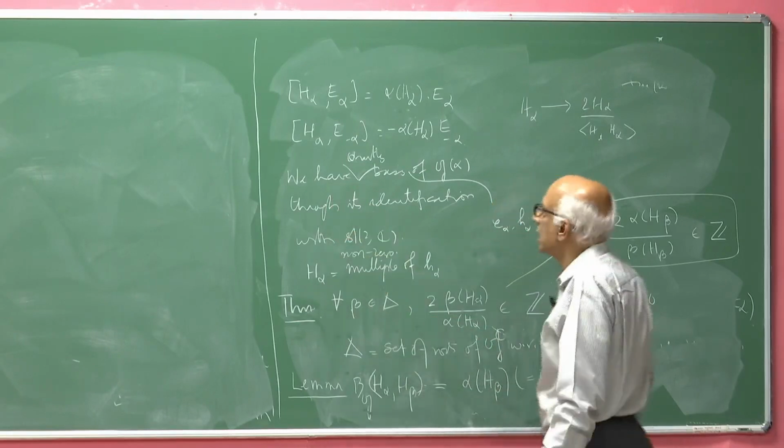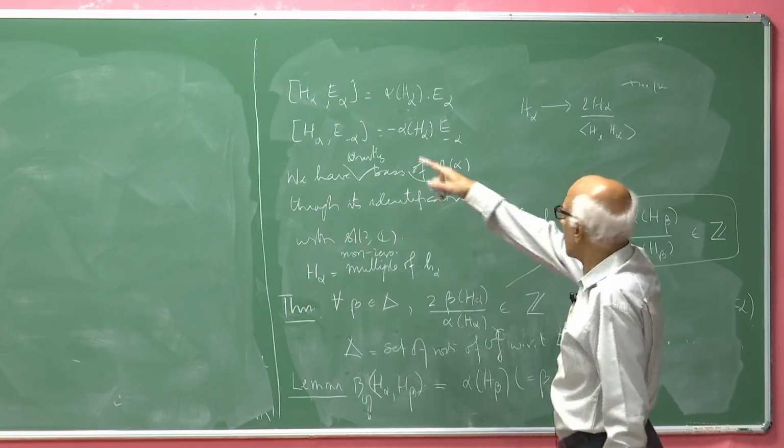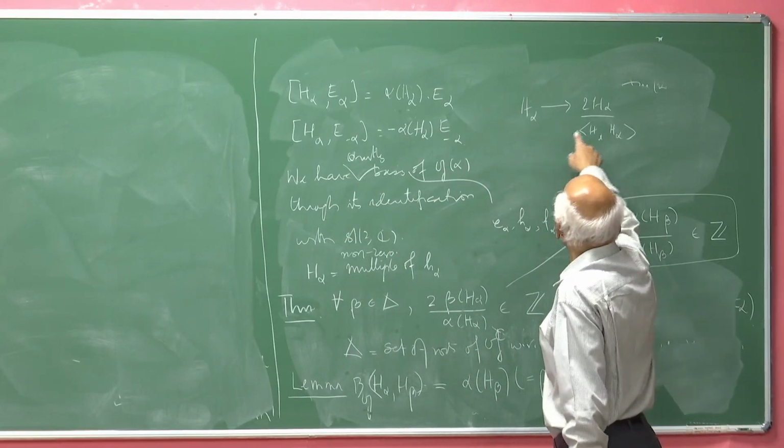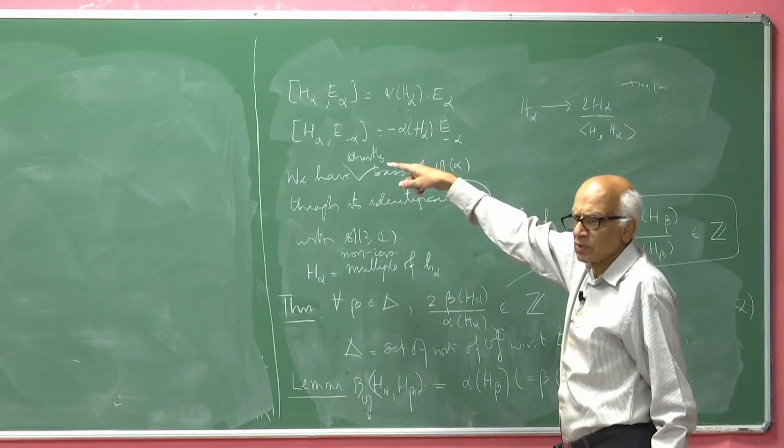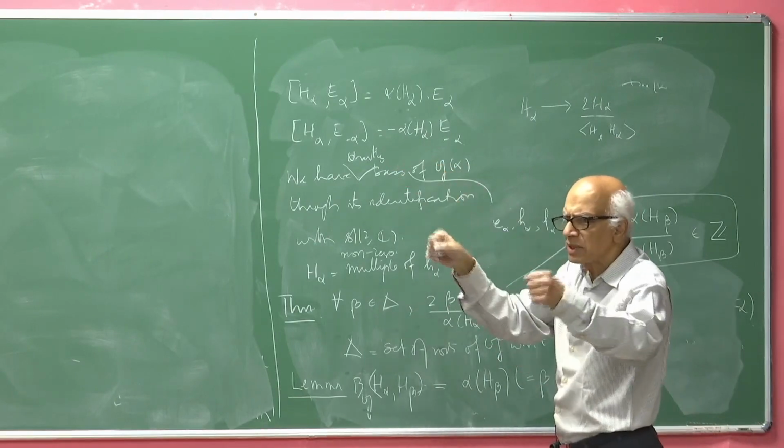This is what is called the coroot. And you also have to modify E alpha and E minus alpha, one of them, if you want this element to be the bracket.